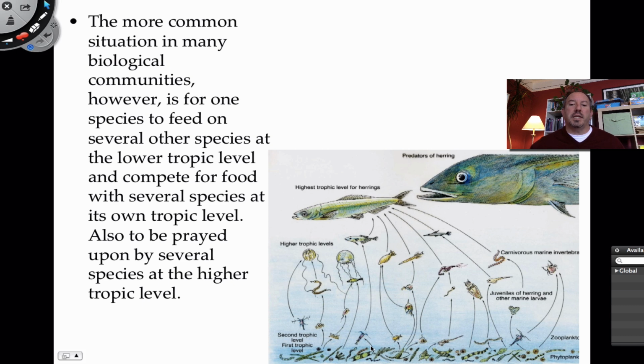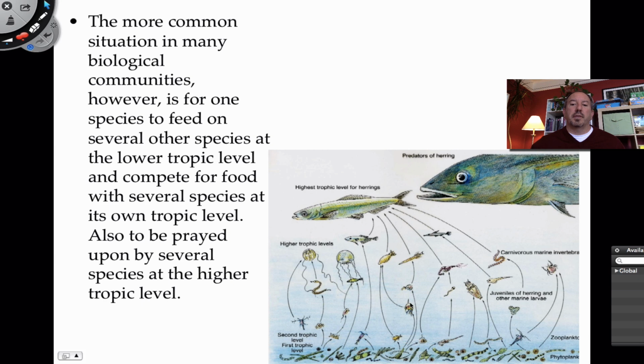And so there's many different kinds of relationships that are occurring. And also on the levels up, you can get different kinds of predators that are competing. And so it's very complex on each of these trophic levels and what's happening ultimately as you move up from the primary to secondary to tertiary and quaternary. So there's all kinds of interrelationships happening. They just don't eat one thing.